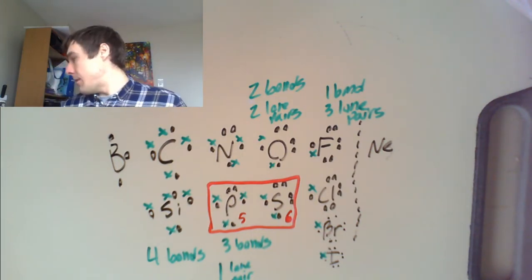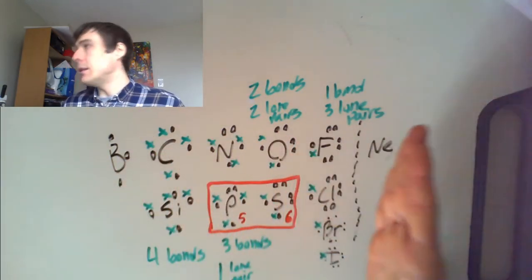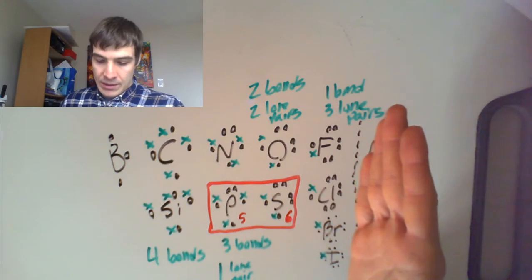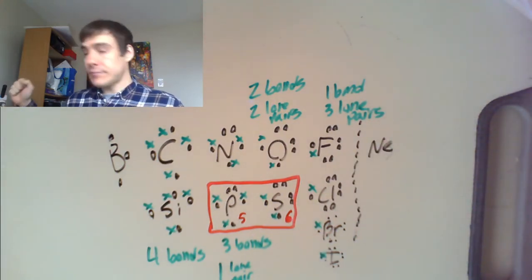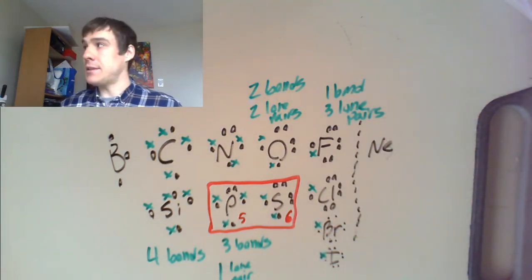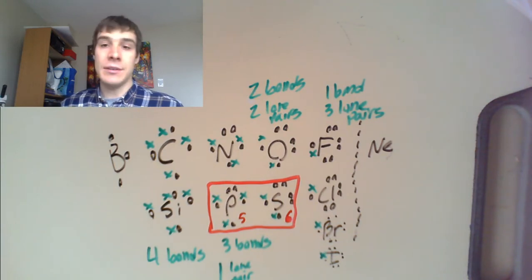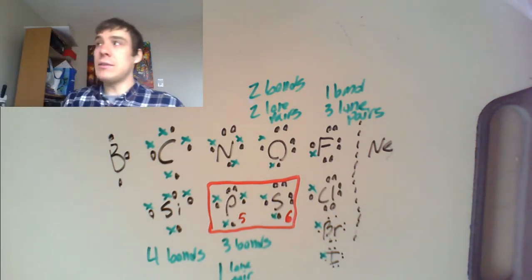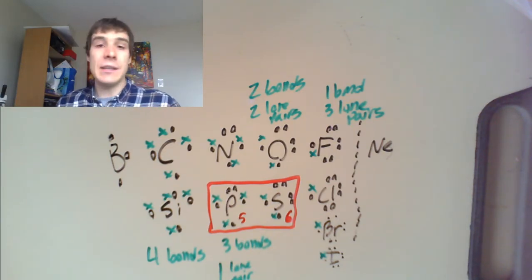So we have this general rule across the table. This makes 4 bonds, 3 bonds, 2 bonds, 1 bond. And that'll help us make structures, help us predict what kind of structures these things are going to make. You can also use the Lewis diagrams to actually predict these structures as well.